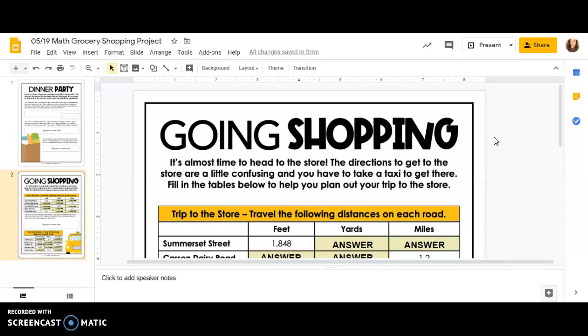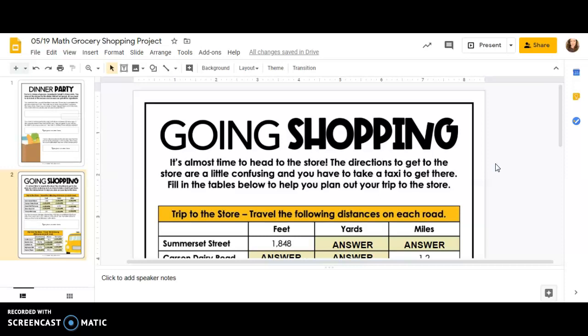So when I can think about doing something like this, it makes sense to me because it's something I can use in everyday life. And I can think about feet and yards and miles, and I know that feet is smaller than yards and yards is smaller than miles, or you could think of it another way. And so when you think about the measurements and how just knowing that in your daily life, it just makes a lot more sense.